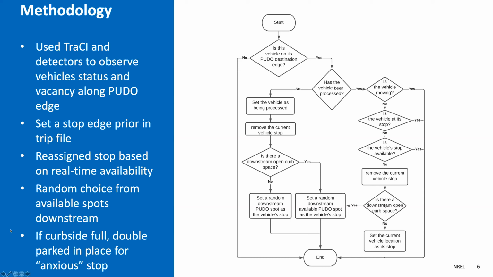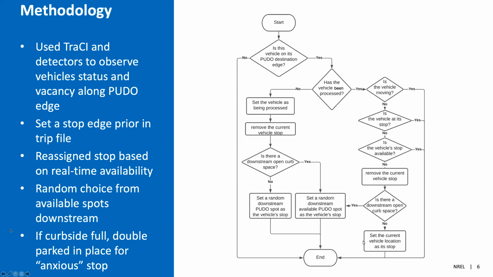Then we check whether there is a downstream open curb space. If there is, we assign that open space to the vehicle to stop. If not, we just set the current vehicle location as its stop. That is the part that allows double parking.